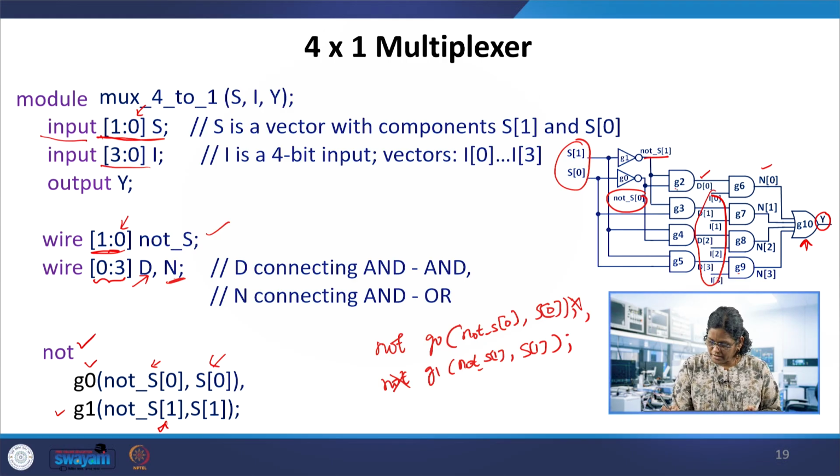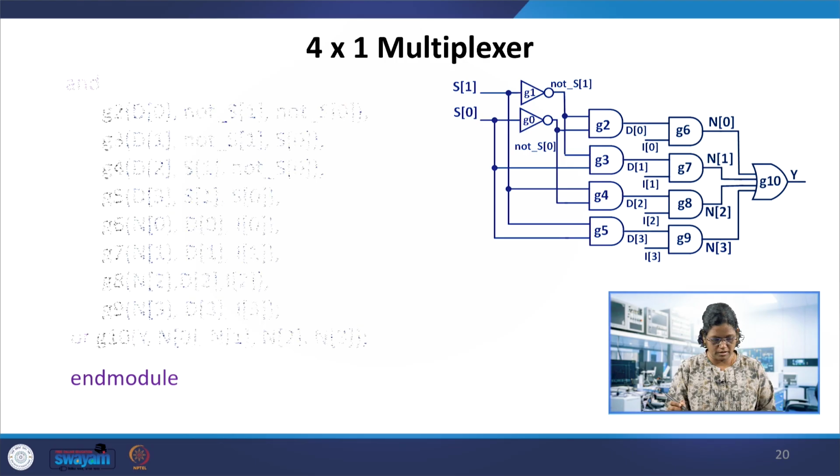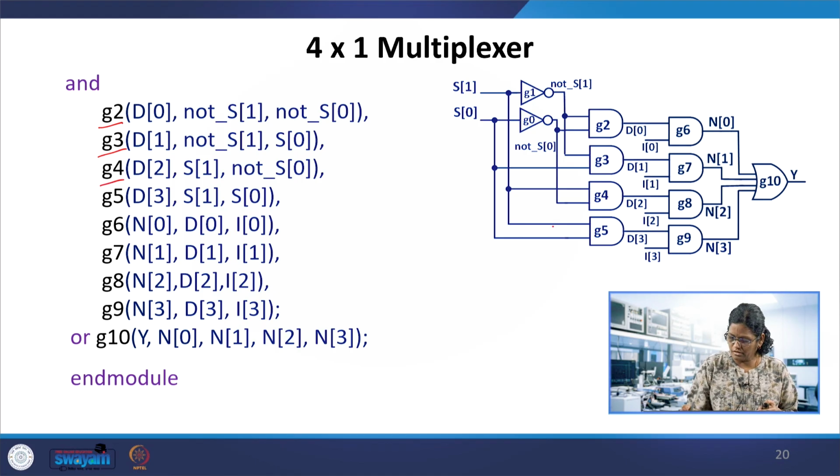Similarly, all AND gates can be combined. See the example again here, how all AND gates are combined in this instantiation. G2, G3, G4 and then G5 are AND gates. The outputs are D of 0, D of 1, D of 2, D of 3.